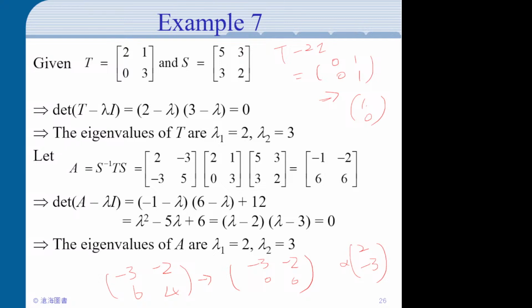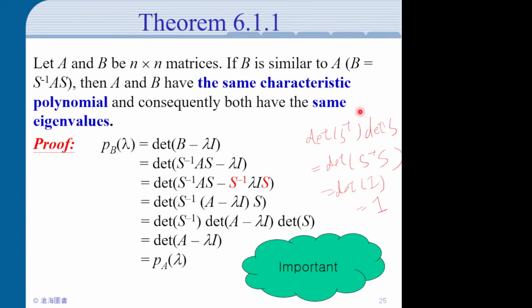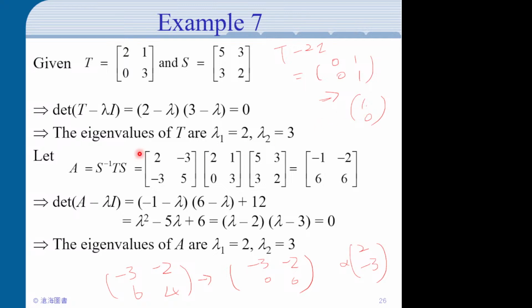So the eigenvector here is 2, minus 3, and here it is 1, 0. They are not the same. But it is still nice to know they have the same eigenvalues.